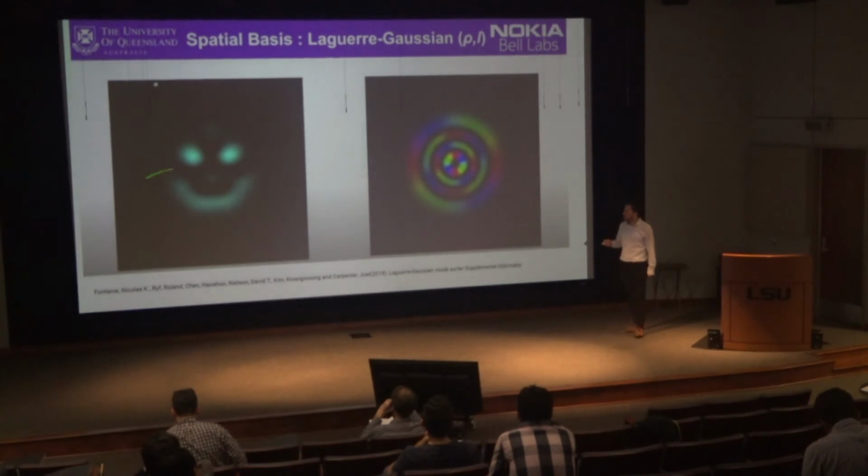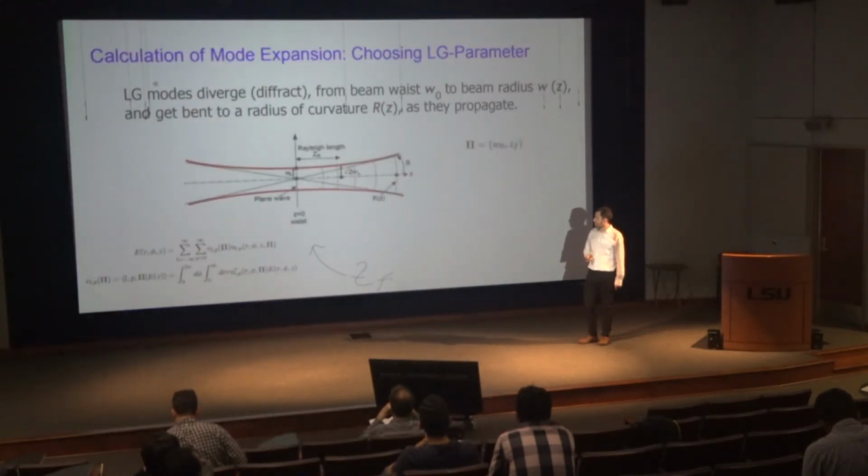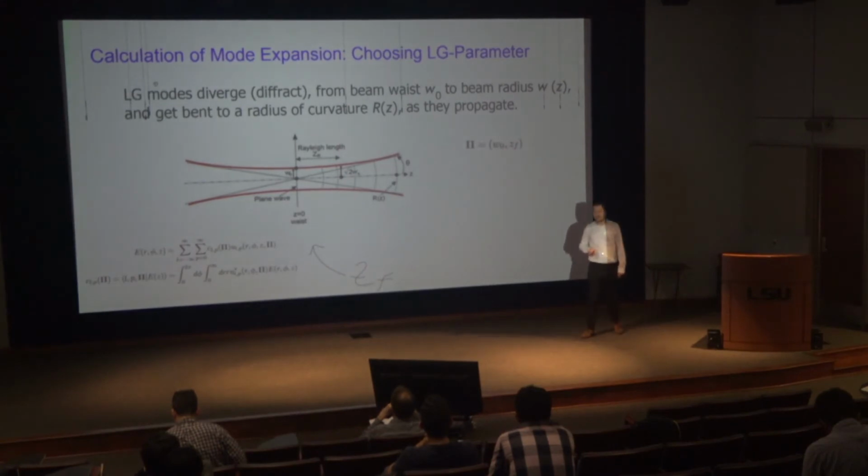And then you can decompose this smiley face, since these LG beams are an orthonormal set. Basically, you can decompose them, and once you add them back up, you get your smiley face back.